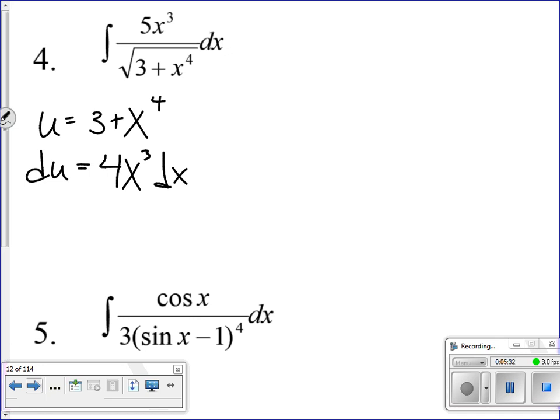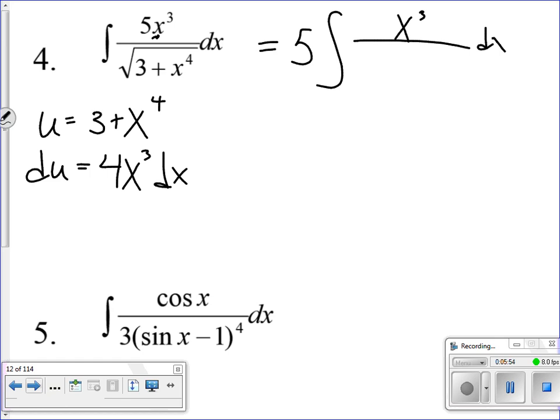Now, if we didn't have this x cubed up here already, we could not go ahead with this u substitution because you can't do u sub without having the factors of du. And you're only allowed to put in missing factors that are constants, not x's. So we would pull the 5 out.